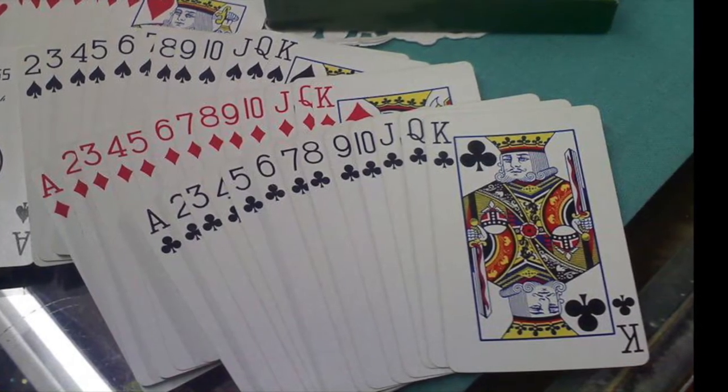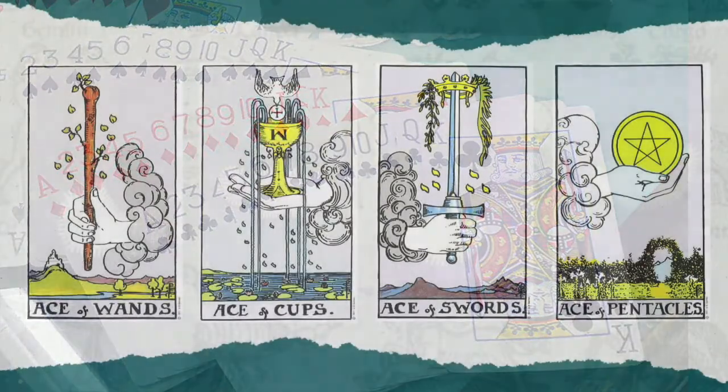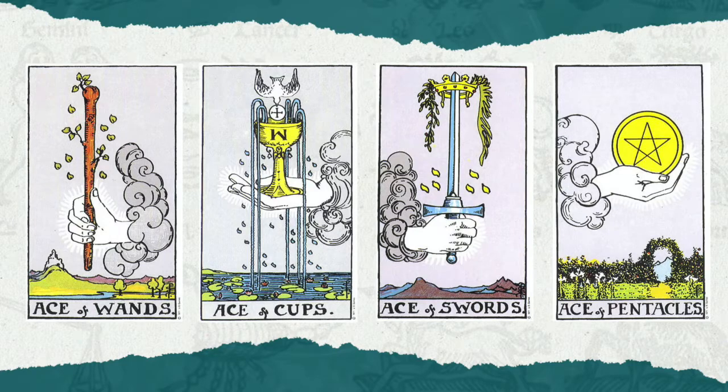We actually find the same organizational system in the tarot's minor arcana as well. They are organized the same way by their suit, which instead of spades or diamonds, we have wands, cups, swords, and pentacles.